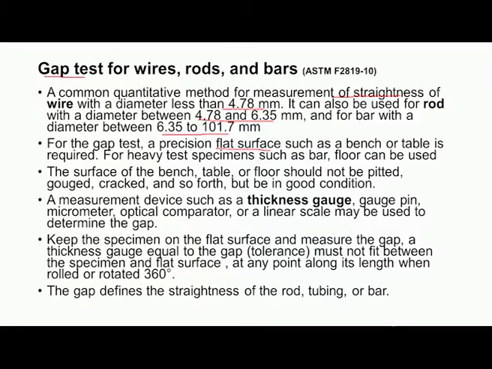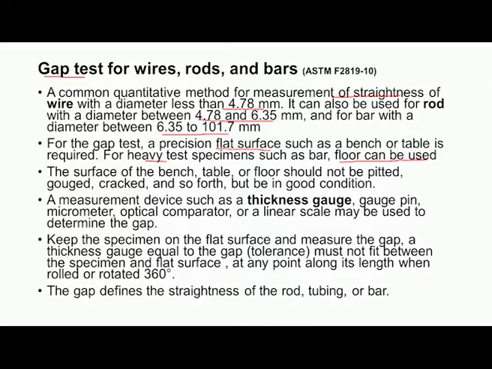We can use the surface plate as the reference plate. If the workpiece is very heavy, then a very neat, clean granite floor can also be used for straightness measurement, and all the equipment, surface plate or floor, should be perfectly clean.